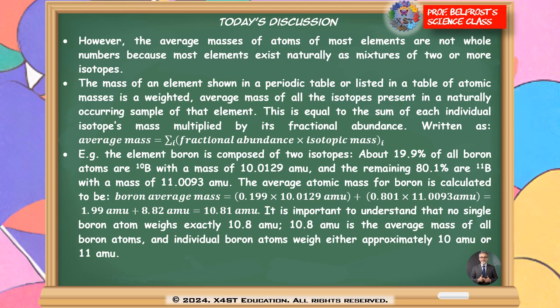This is just the sum of the products of each individual isotope mass and its fractional abundance. And then we have the result, which is 10.81 AMU. This is the average mass of all boron atoms and not the exact mass of each boron atom. This is just the average, okay? Please note it.